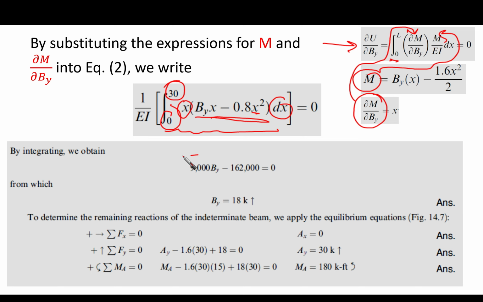Then we end up with By as the only unknown in this equation. We can obtain By, and then we can obtain the remaining reactions of the system. Okay, so this is what we have done for this system.